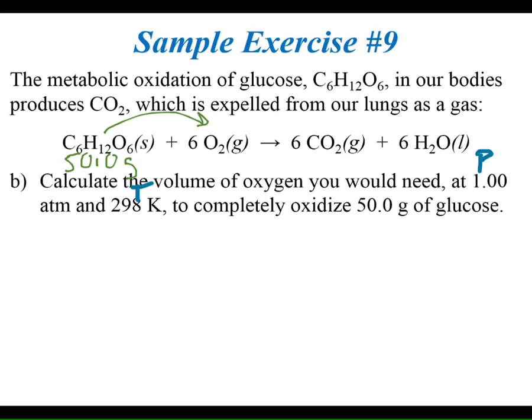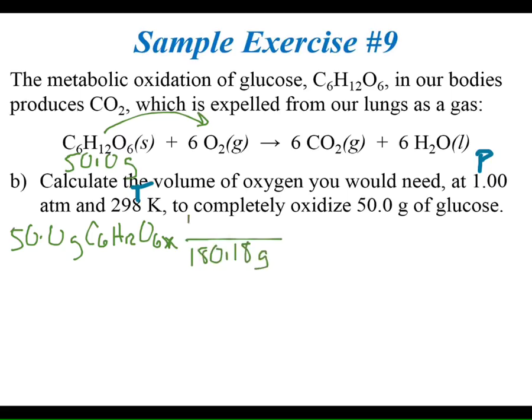Okay, so same thing again, 50.0 grams of glucose. The molar mass you told me was 180.18 grams per mole of glucose. And once again, it is a 1 to 6 mole ratio.